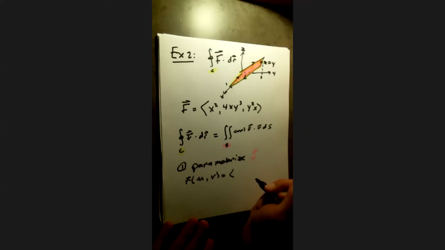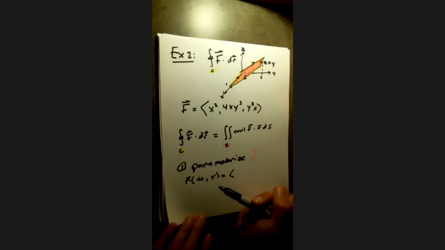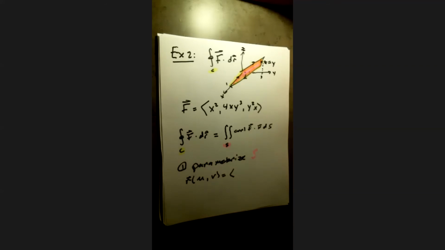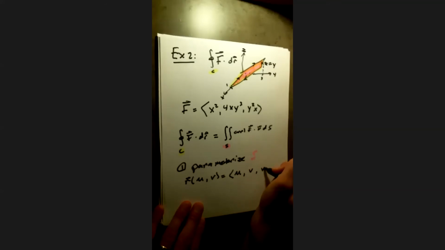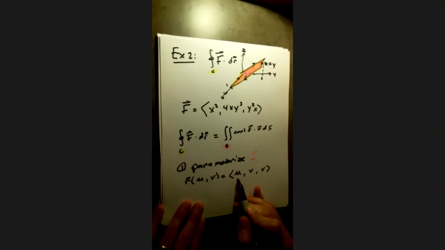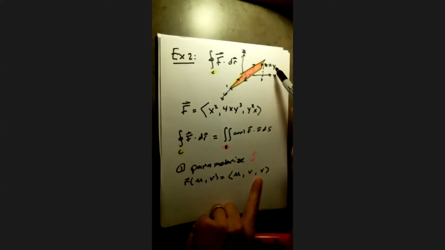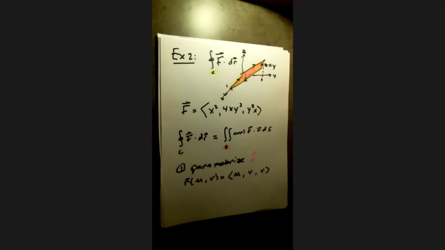There's going to be 2 parameters, u and v. So we're saying x equals u, y equals v, and z is equal to y. So z is also equal to v. That makes sense? Yep.